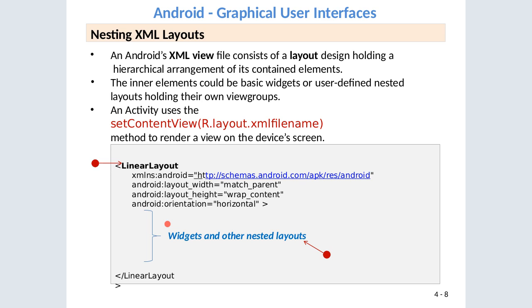Unless you are nesting your layouts, all your XML components will be self-closing. In this case you have a nesting here, and what we mean by nesting is where we have something inside another. That's what nesting is.